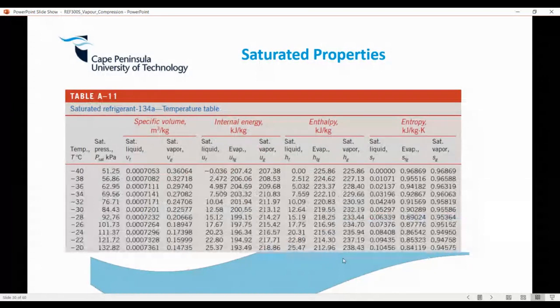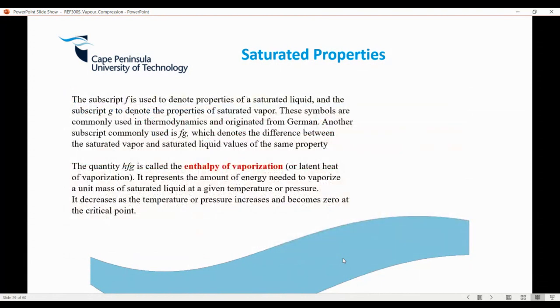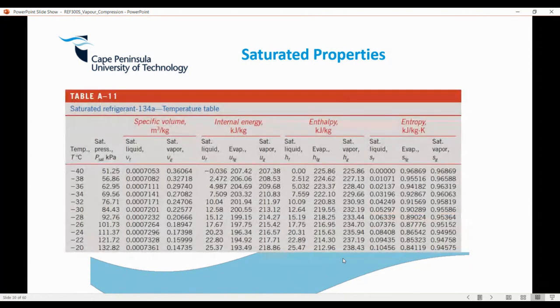Moreover, there are columns for specific volume, your internal energy, which you don't typically use here, right? Enthalpy, definitely, and entropy, definitely. What's important, under each one, you get uf, ufg, and ug. f is denoted for liquid, right? g is for gas, when it's a saturated vapor.